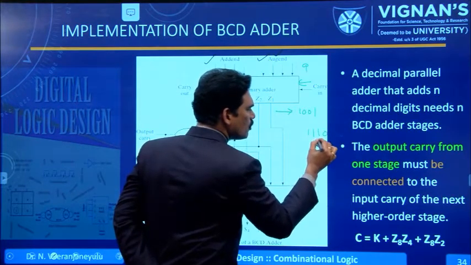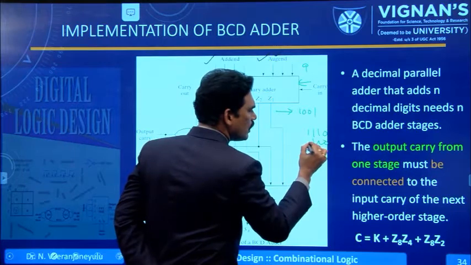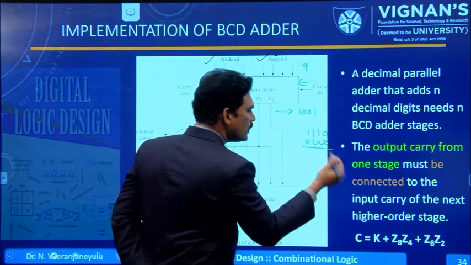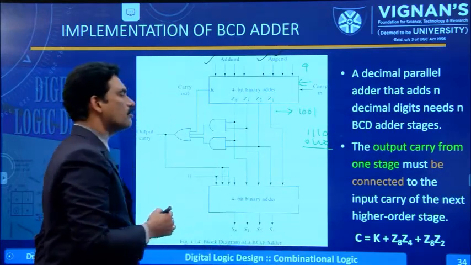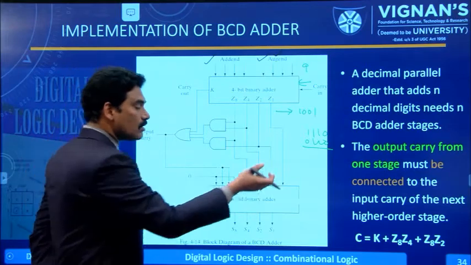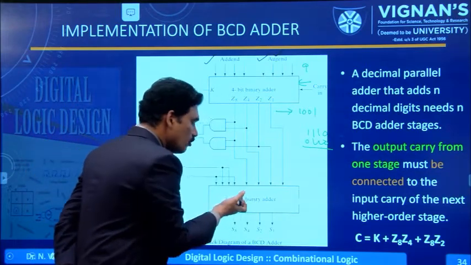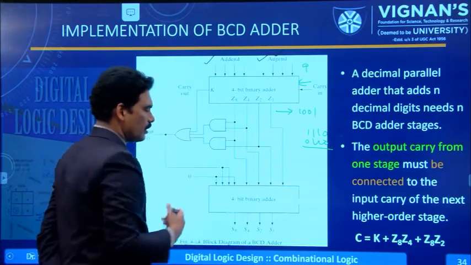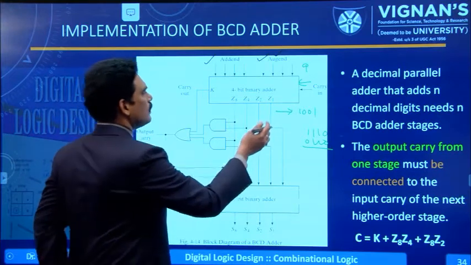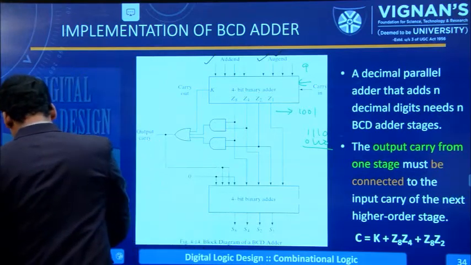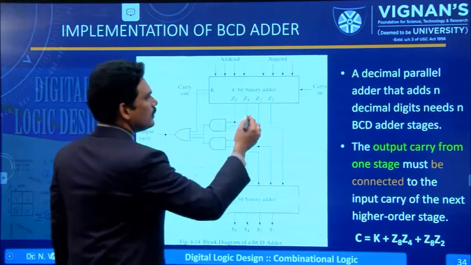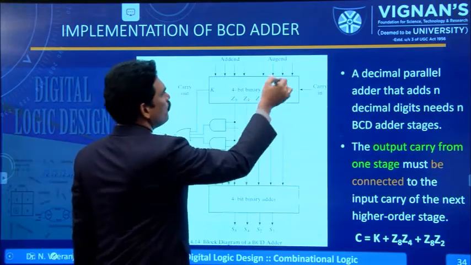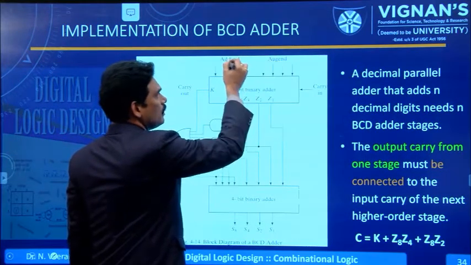If it is 1010, we add 6 to this number. Six means BCD correction, and we are going to perform it. For that addition also, we need one 4-bit binary adder. We are considering all this directly, and we know this addend.